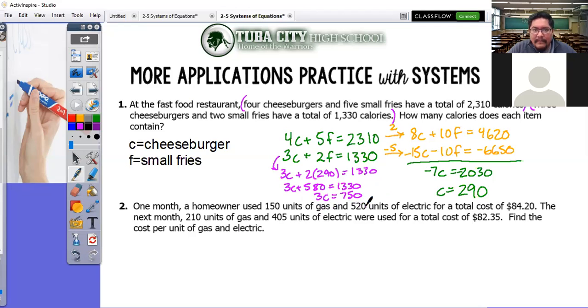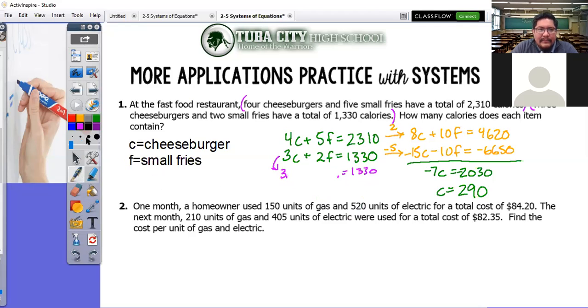Or wait, divide that by 3 and we get, oops, sorry, I pushed the wrong button. Oh, you know what? I think I did make a bit of an error here, because I was supposed to plug it in for C, and I did not plug it in for C. I plugged it in for F. Oops.